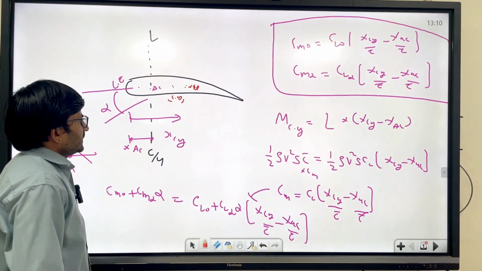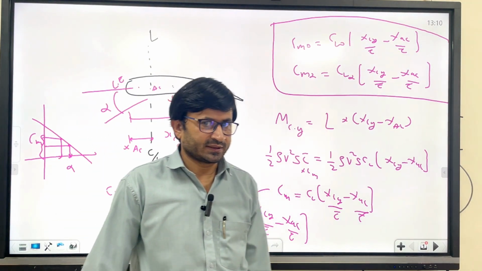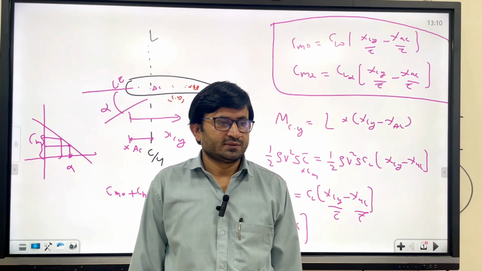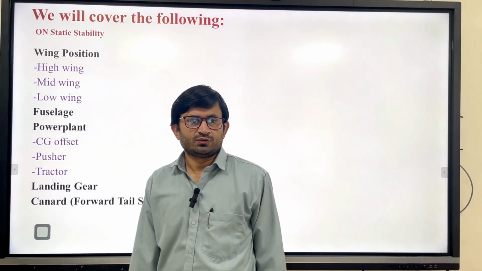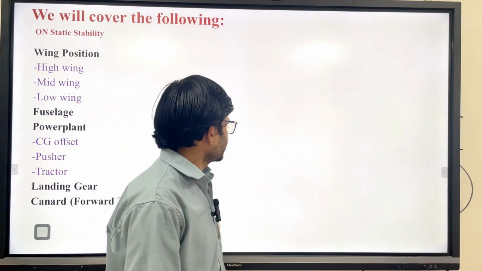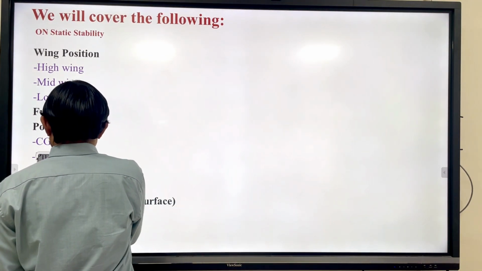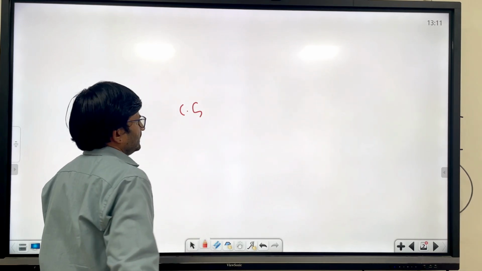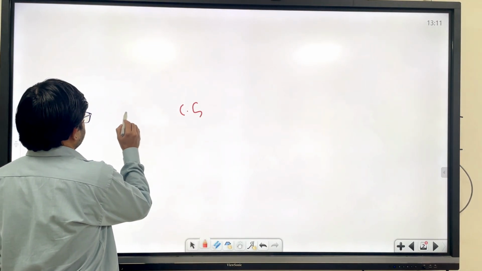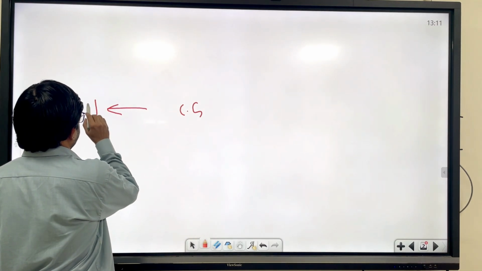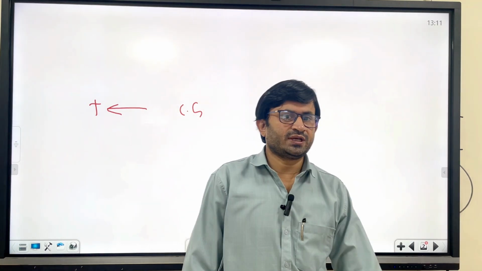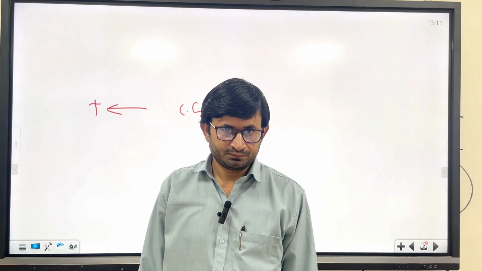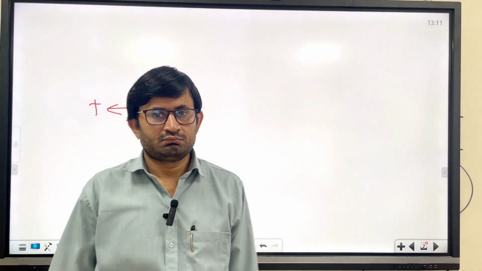Okay, so you can see how the pusher type and tractor type play a very important role in terms of static stability. There is also a CG offset, and you have to consider this point. For example, if the CG is here, and this is the thrust line produced by the engine, if it is passing through the CG, then when you change the thrust setting, there will be no change in pitching moment.